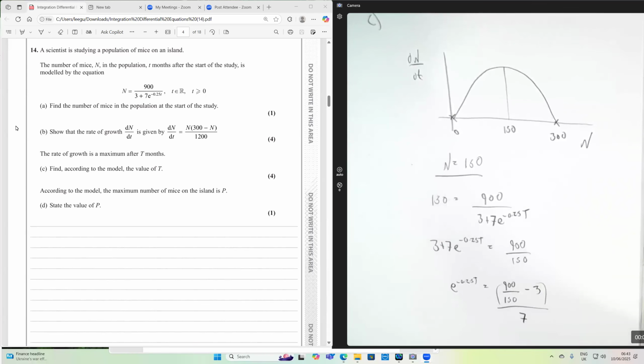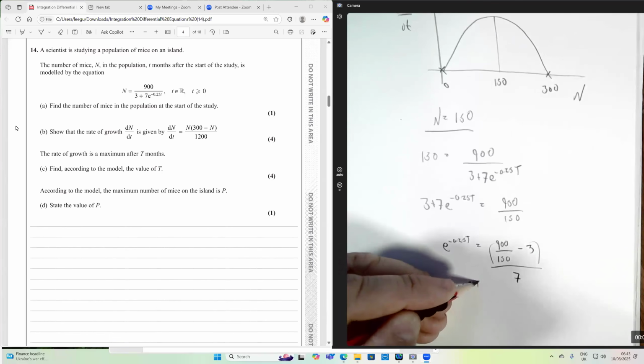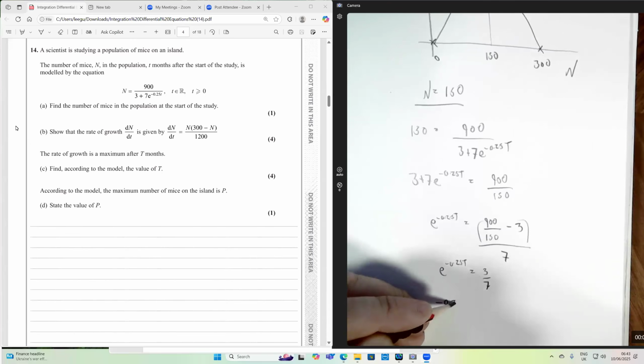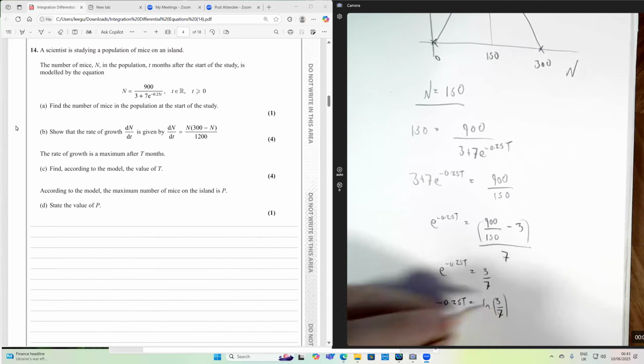So let's just see what that gives us. So 900 divided by 150, take away 3, okay, divided by 7 is 3 over 7. So we get that e to the minus 0.25t is equal to 3 over 7. So minus 0.25t is equal to ln of 3 over 7.